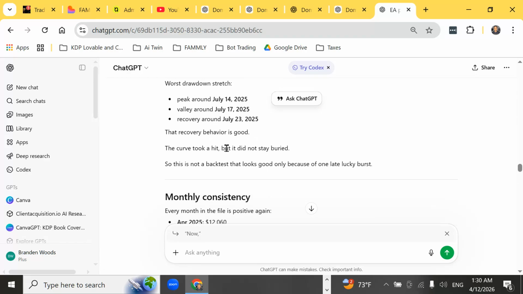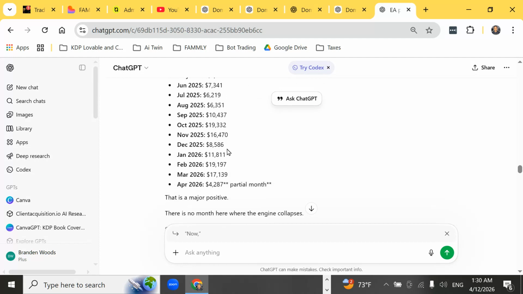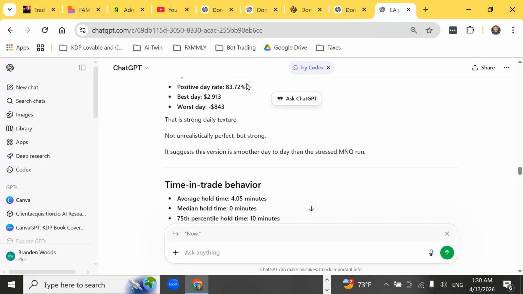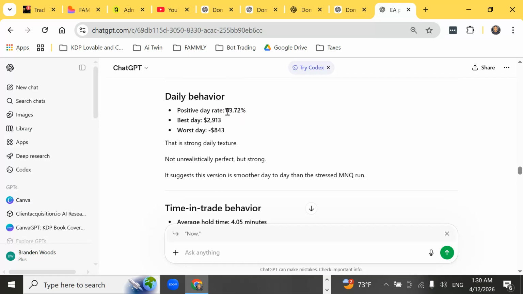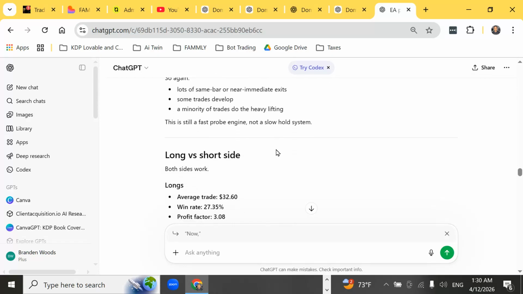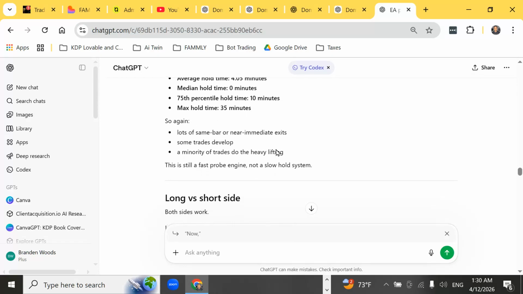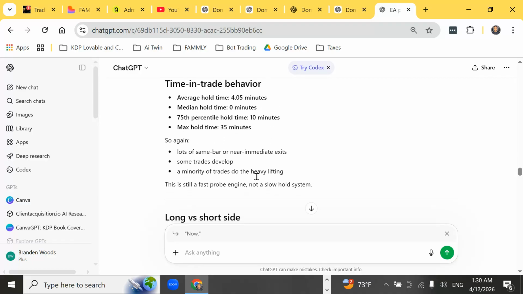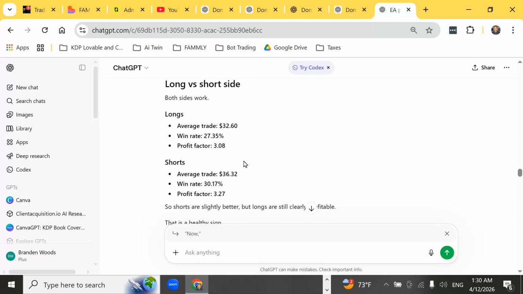Netted 148,000 for the year. Positive day rate, so 83% of the days were positive for that year. Hold time 4 minutes. Max hold time 35 minutes.